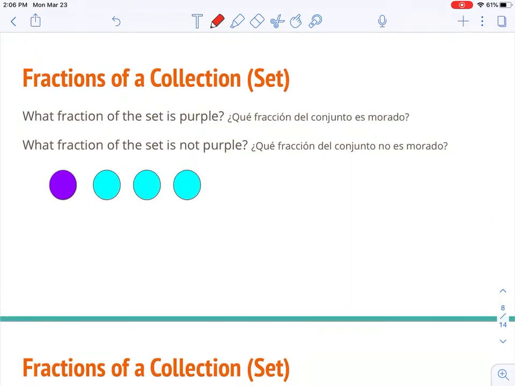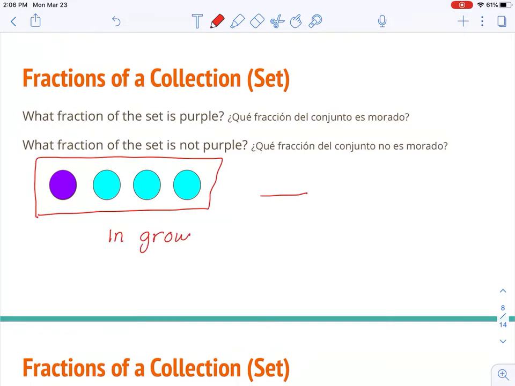Okay, so we'll start off with some easy questions. So what fraction of the set is purple? So our whole right now is this group. Okay, so our whole is 4. Now we want to figure out what fraction of the group is purple. So I need to figure out how many are in the group.